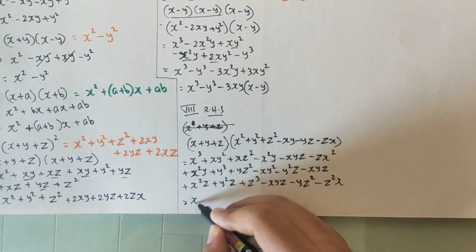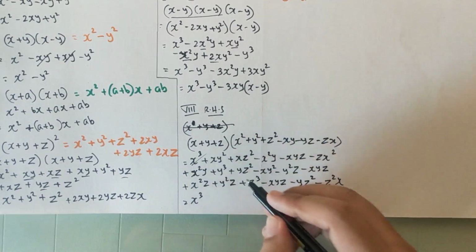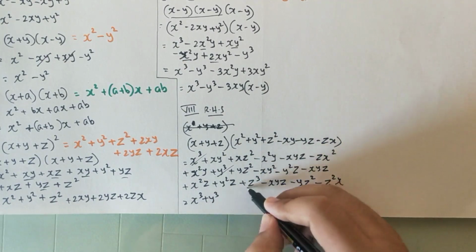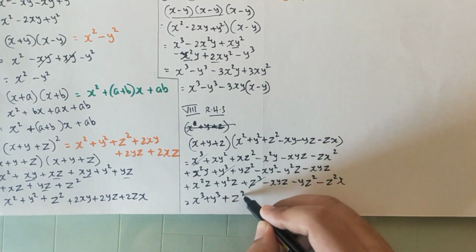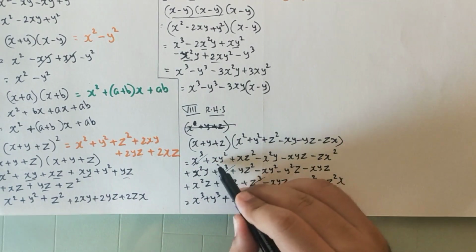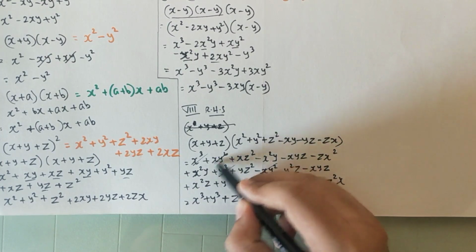Now this x cube will remain as it is. There is no like term. Plus y cube is also an unlike term, and plus z cube is also an unlike term. Now see, this is plus x square y, this is plus xy square, this is minus xy square. This will get cancelled.